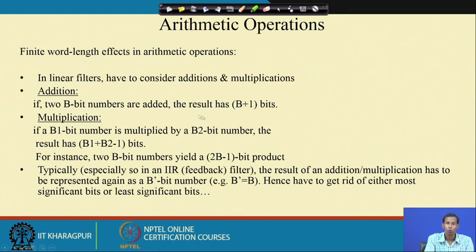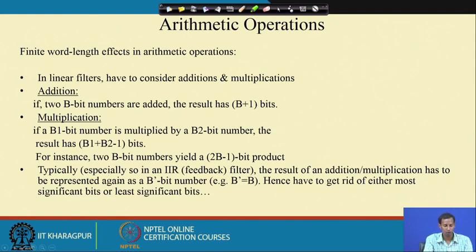To hold the proper result and to avoid overflow, we need to consider b plus 1 bits for addition and b1 plus b2 minus 1 for multiplication.